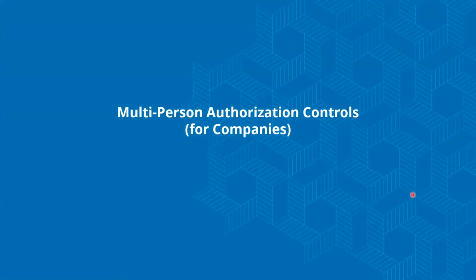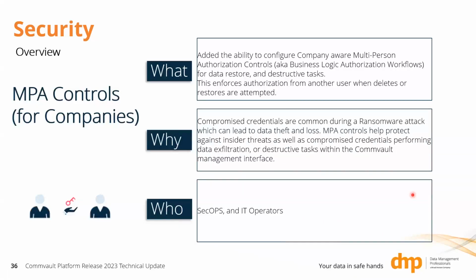So the first one, the MPA controls, aka business logic authorization workflows. What basically is done here is that when an action is being performed by a person, for example, deleting storage, basically what happens in the background is that events are being created by Commvault with XMLs, and those XMLs are being scanned for certain codes which will be intercepted.